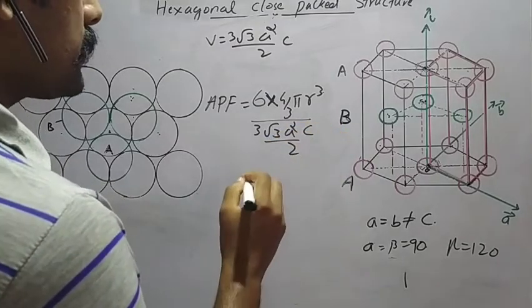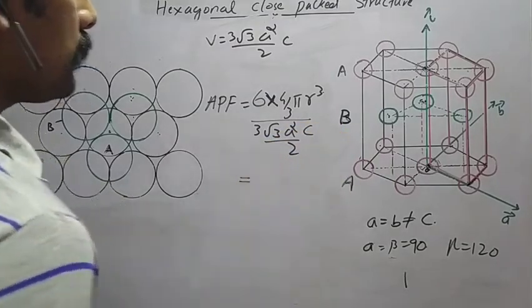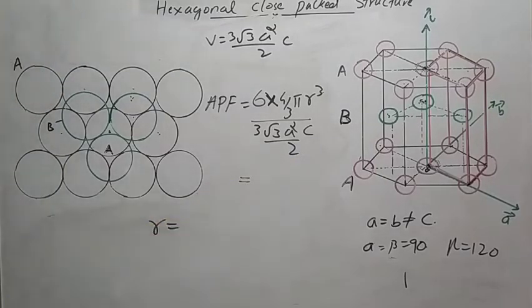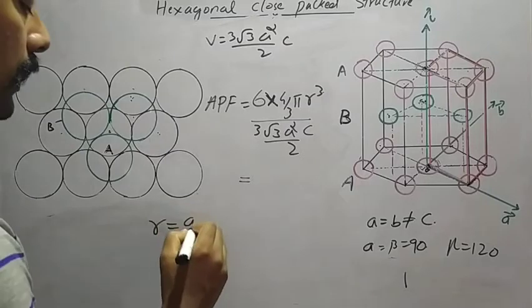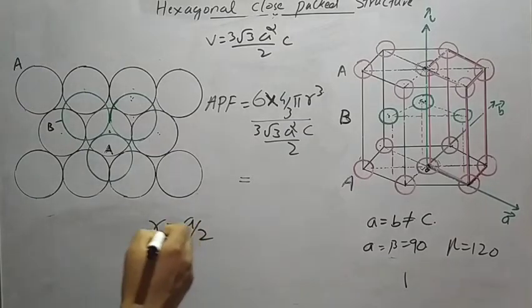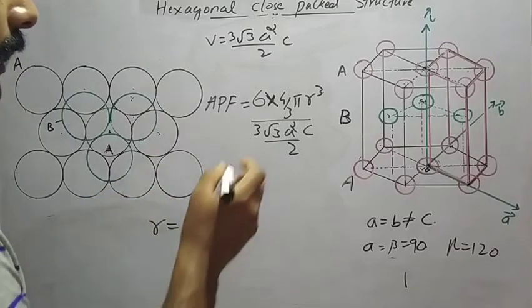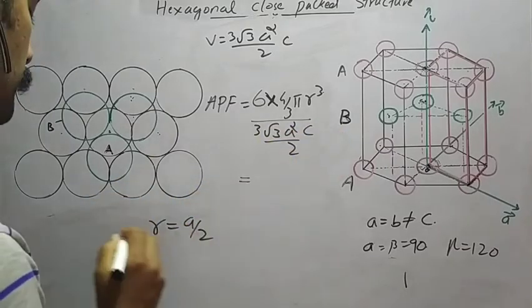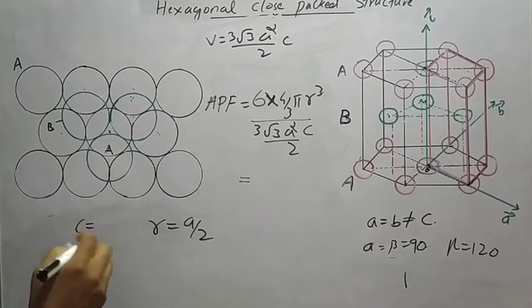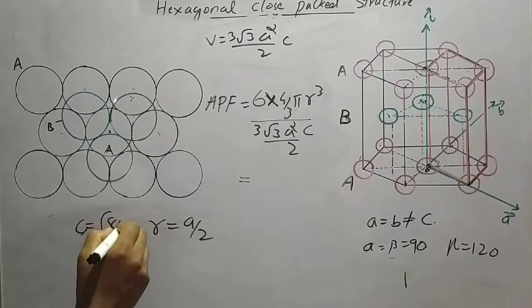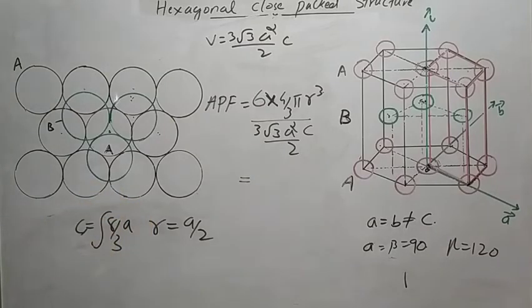We know the radius of one atom is a by 2, or 2r equals a. So r equals a by 2, and c by a equals root of 8 by 3, so c equals root of 8 by 3 times a.